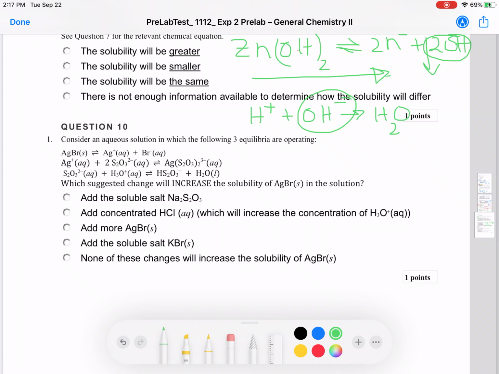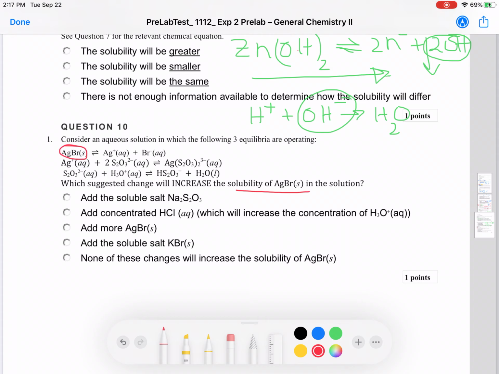And this thiosulfate ion again in the presence of acid can give you thiosulfite plus water. Which suggested change will increase the solubility of silver bromide in the solution? We're going to look at which one will help us to increase the solubility of silver bromide.